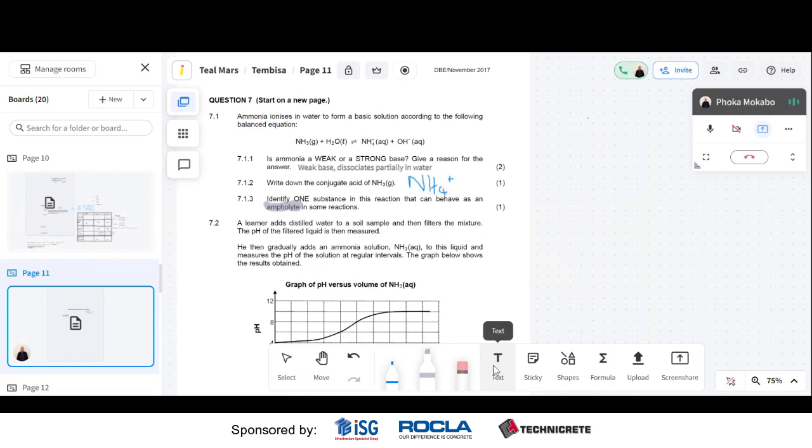And in this case, believe it or not, both of these are amphiprotic in some reactions.